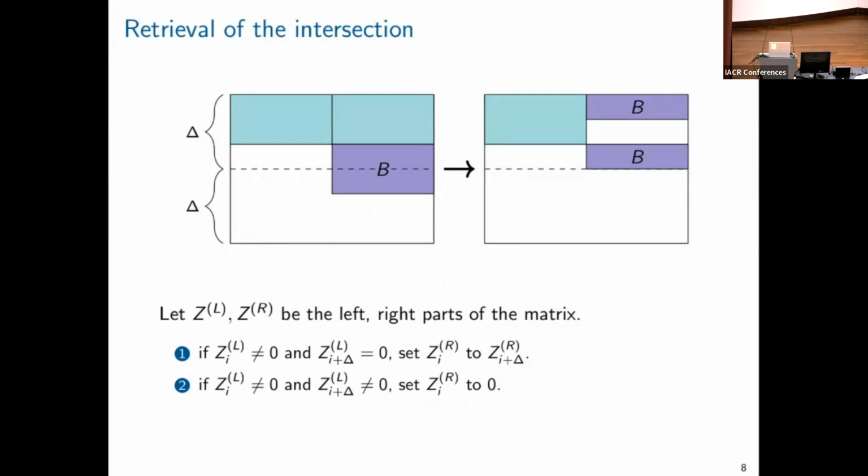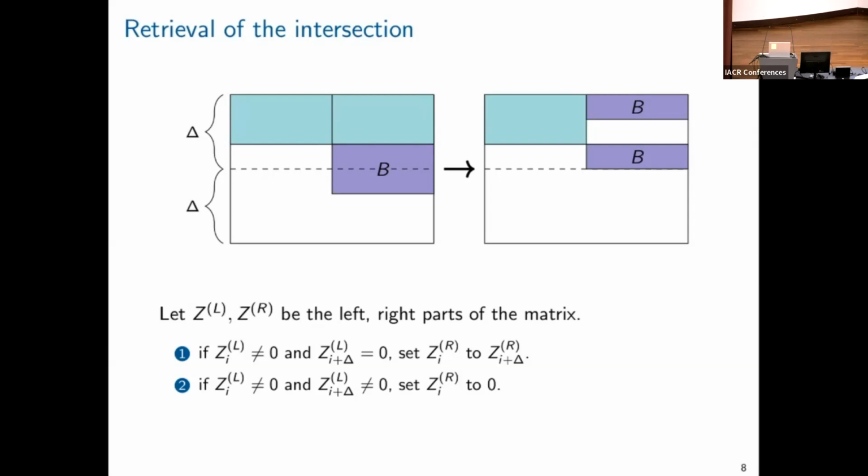For each i, we check if DL_i is non-zero and DL_{i+delta} is 0. If so, we set DR_i to DR_{i+delta}. Another thing we do is check whether DL_i is non-zero and whether DL_{i+delta} is also non-zero. If so, we set DR_i to 0.